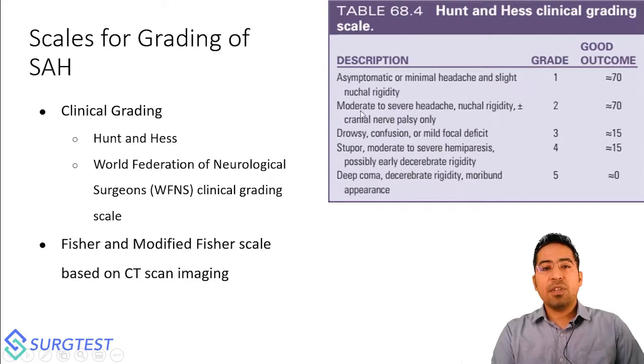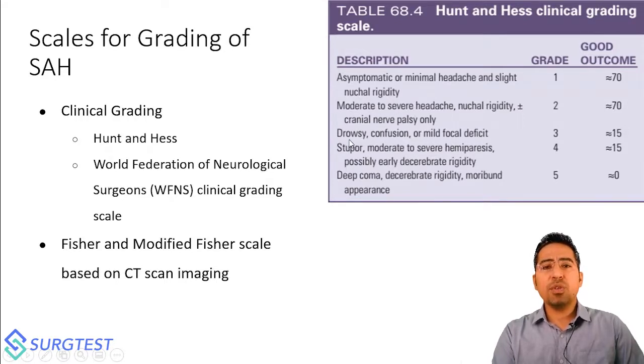Next, if the patient has moderate to severe headache and nuchal rigidity along with any cranial nerve palsies, the grade will be 2, and it will have good outcome up to 70%.